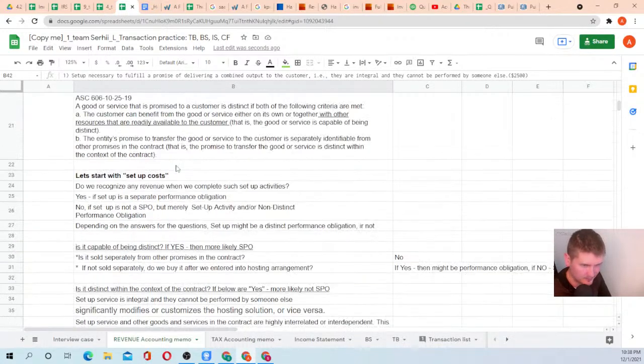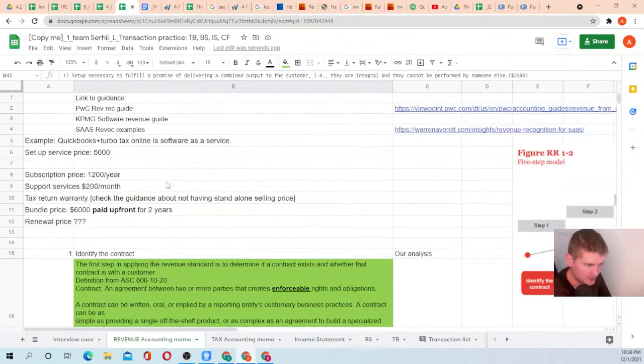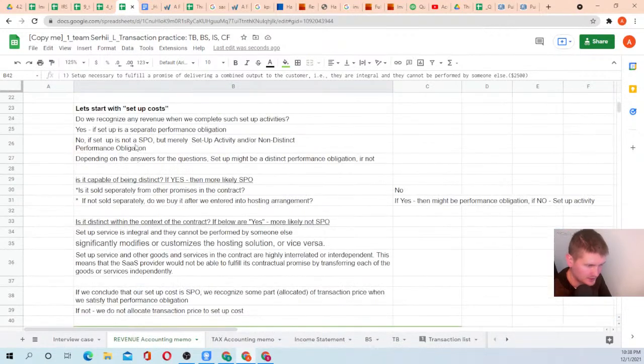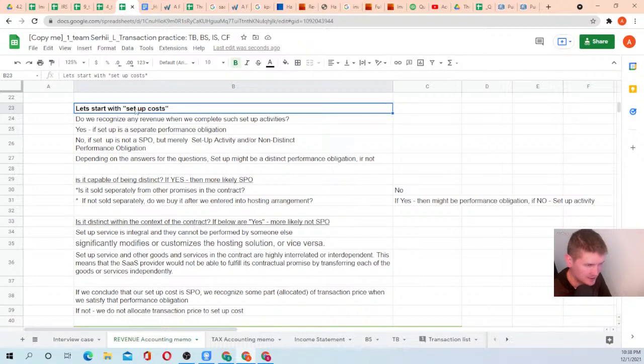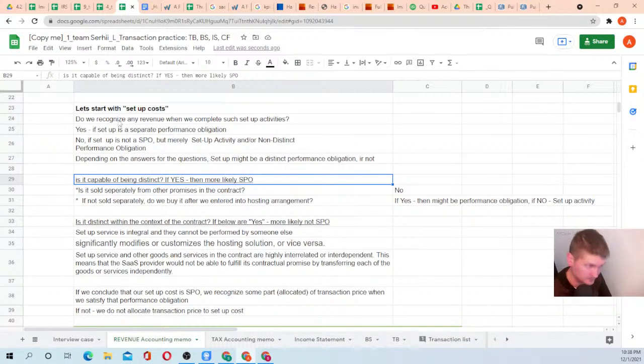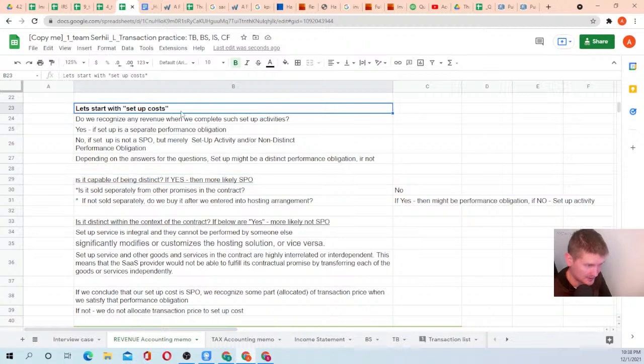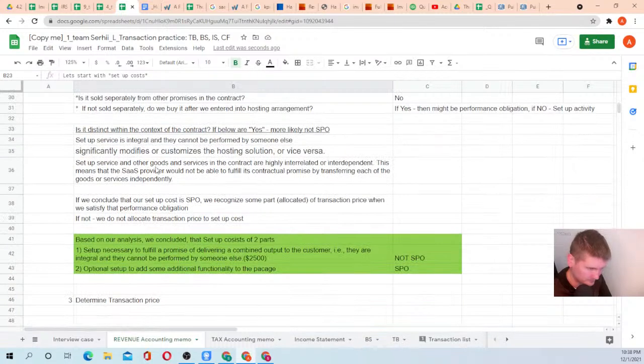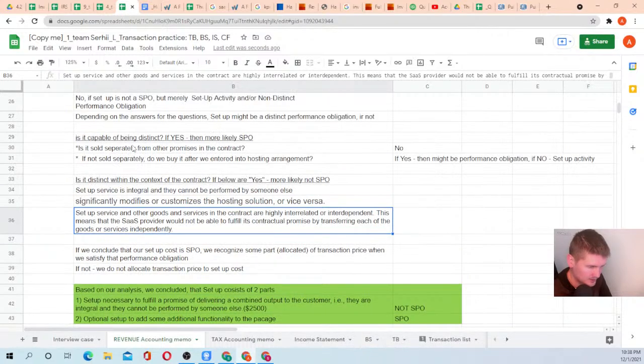but to make our task more interesting, we did an analysis of setup cost for that SaaS contract, and we considered when it can be a separate performance obligation, when we recognize revenue in the moment when we did that setup. And these are the criteria.